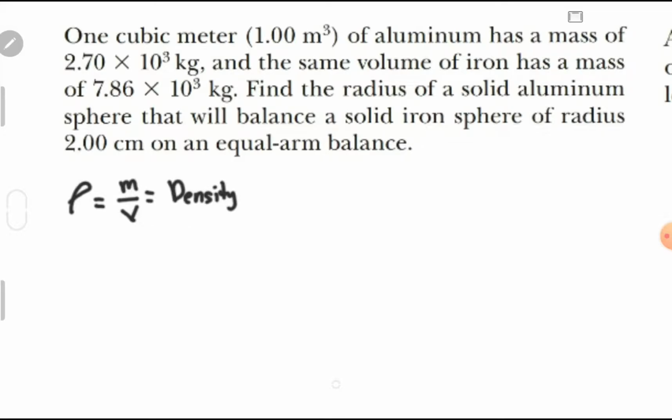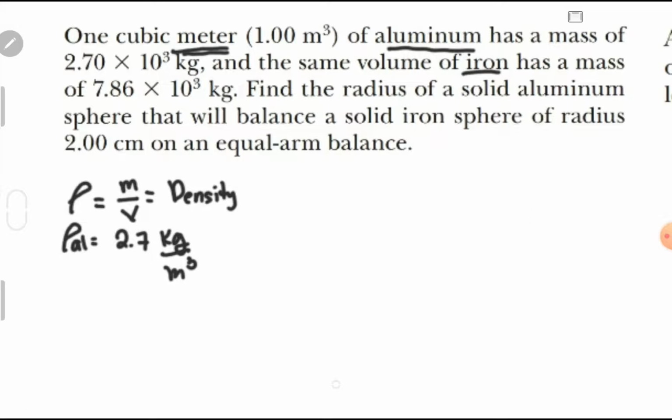In this problem, we already have the given densities of your aluminum and your iron. So what are our densities? The density of our aluminum is equal to 2.7 kilogram per meter cube, right?